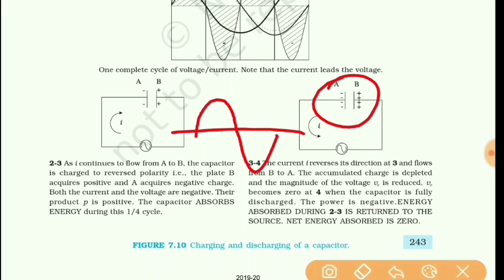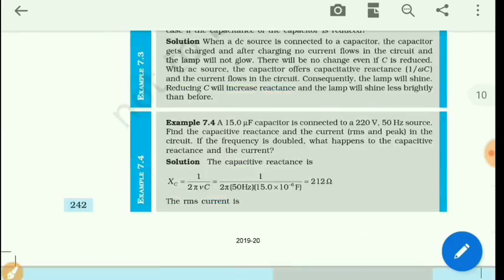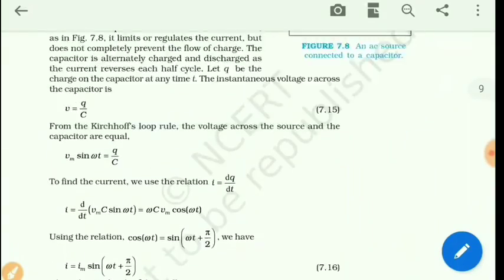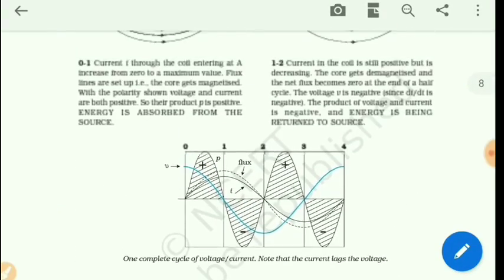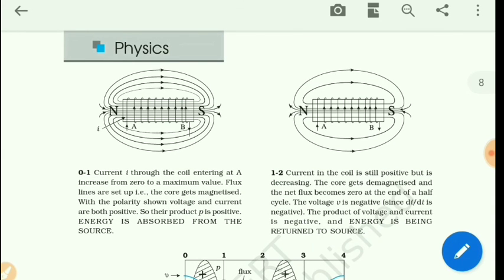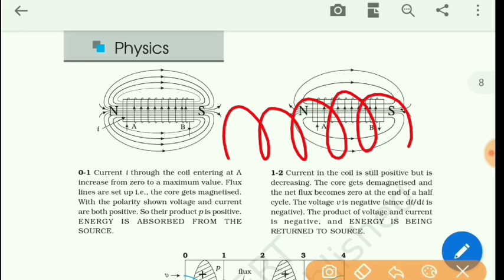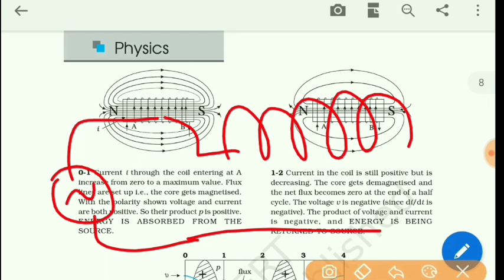You will be able to understand that from this. Also the same thing is given for the inductor. You can see how the magnetic field in an inductor changes when the AC current is flowing through it. So that is explained here.